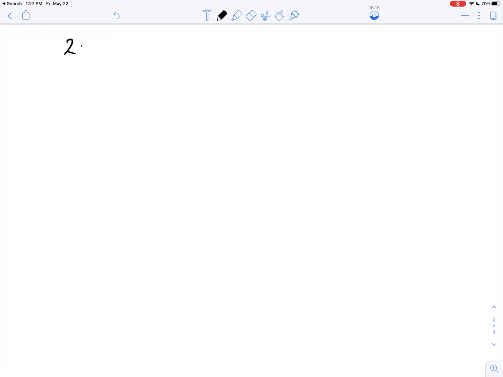What if they gave me something that said 2 secant x plus 1, and then they said equals secant x plus 3. I go, dang, I don't know. Well, trust your gut.